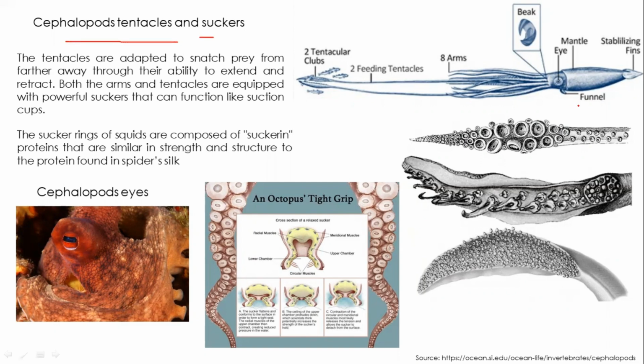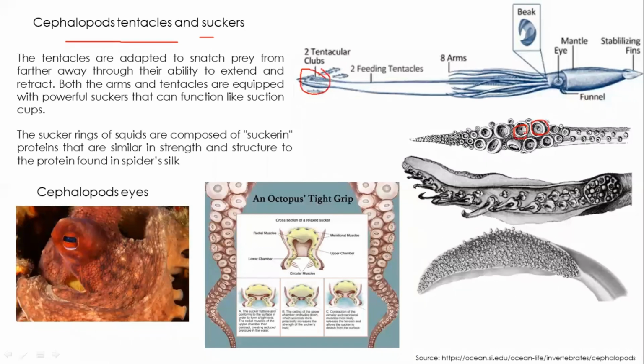You can see one example here in the squids: the feeding tentacles, which reach a little far and stun the prey. If you look closely at the tentacles, you will see a lot of suckers, right?